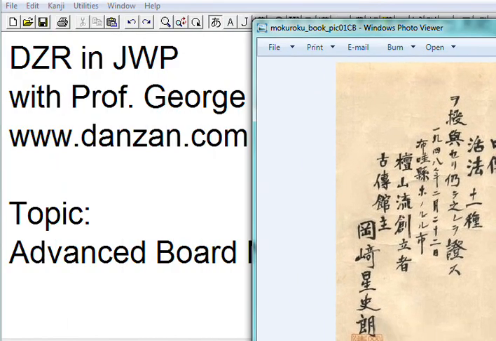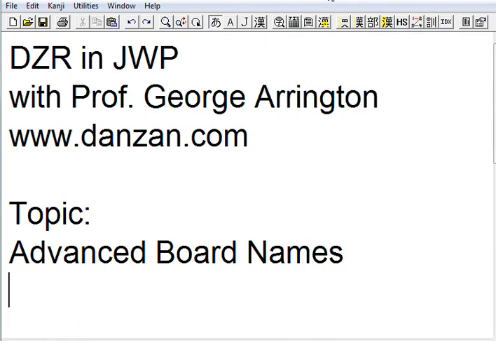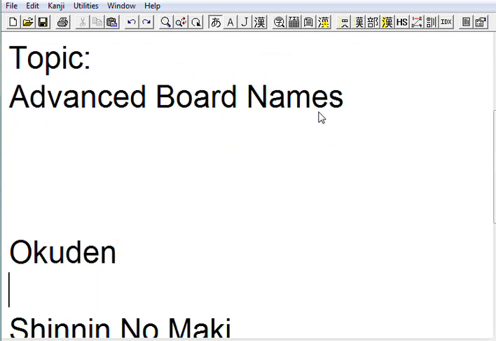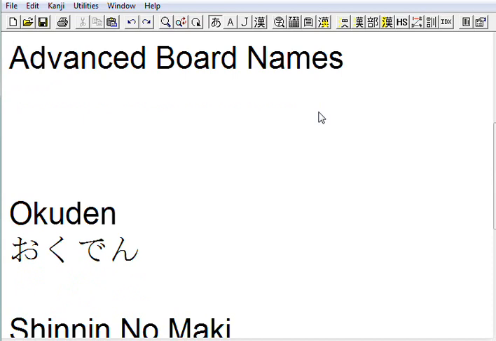So let me move this out of the way and go back to this. So we do have the name Okuden. You can probably see the first board sticking out there, but that's all right. Okuden, which is written Okuden, like so, den, and the kanji for that are Okuden.